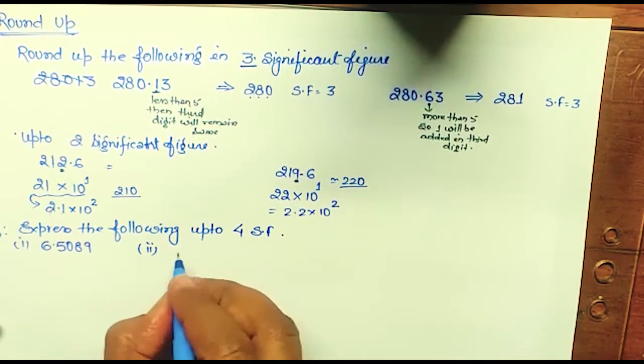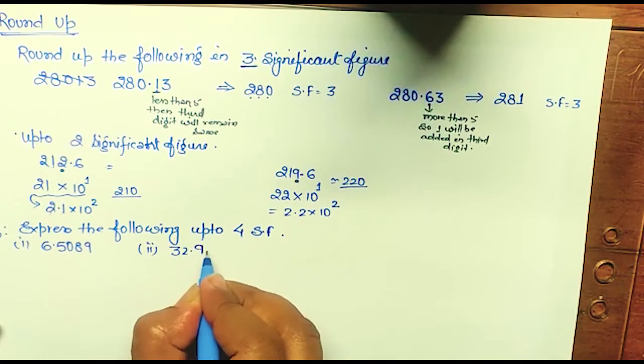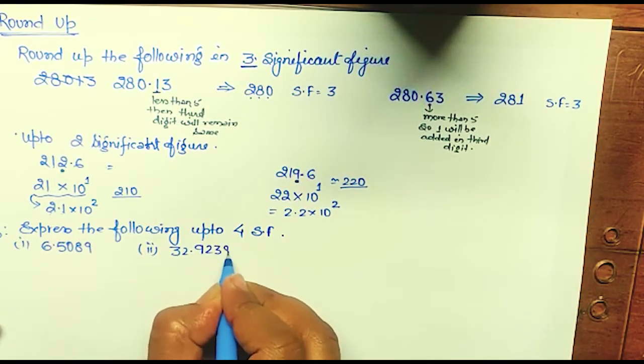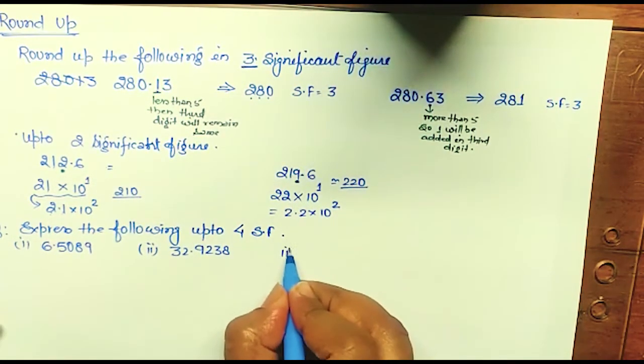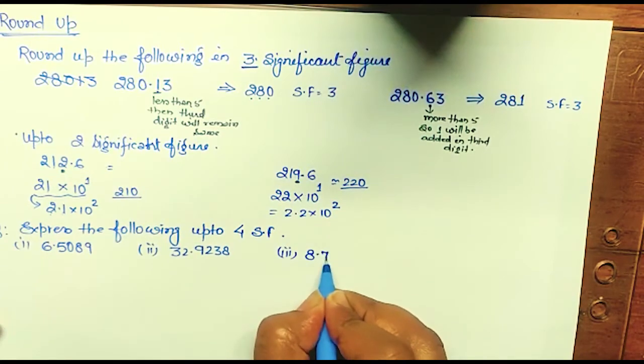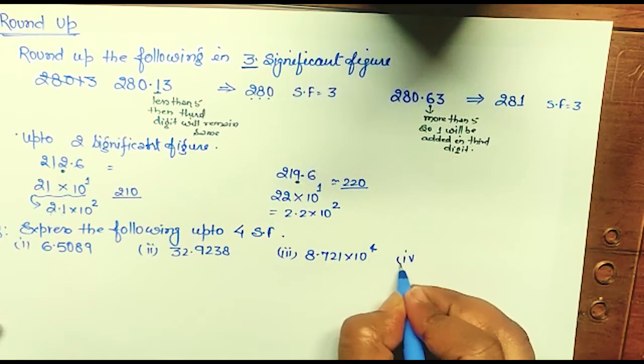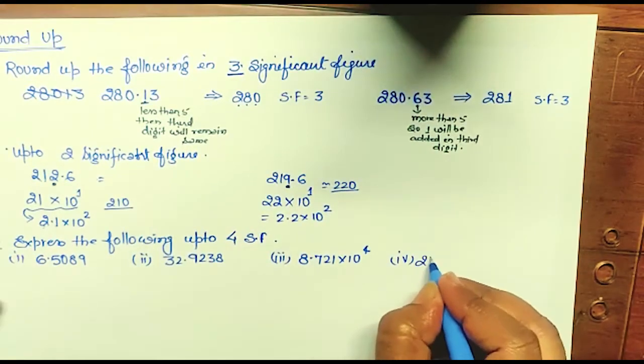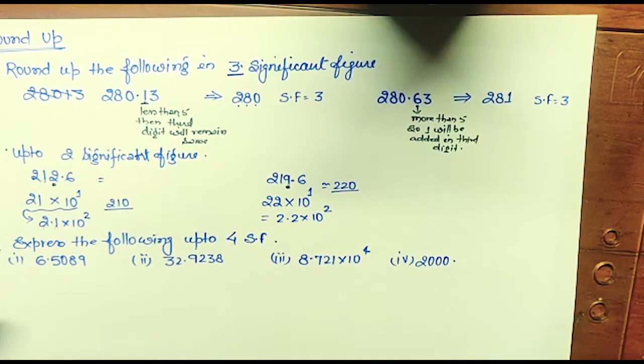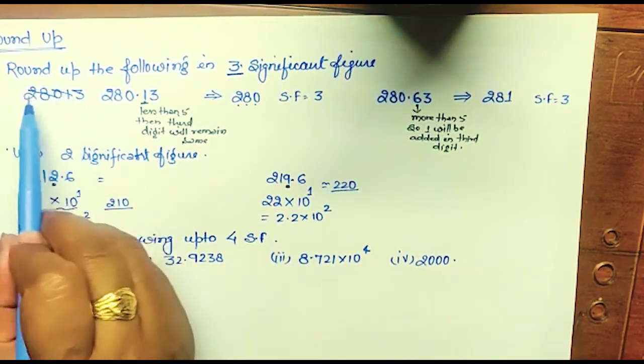Second is 32.9238. Third is 8.721 into 10 to the power 4. And fourth is 2000. Okay? Got it? Like in the first, I have done this question.